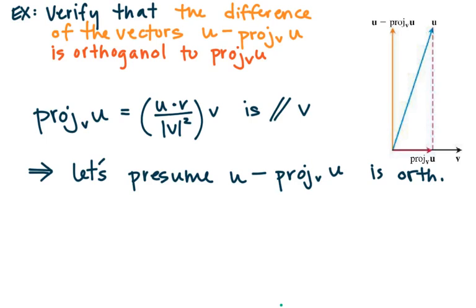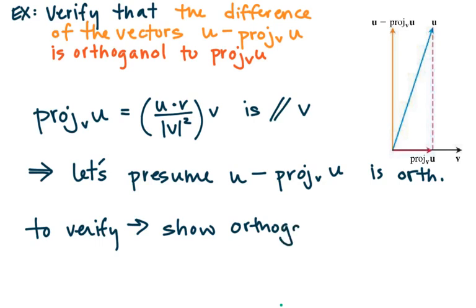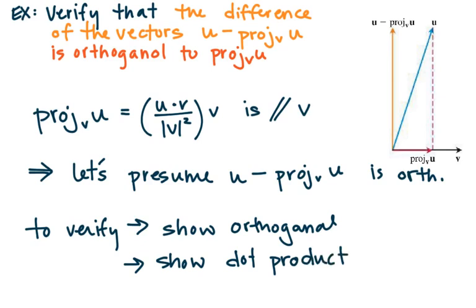So in order to do this, if we need to verify that they're orthogonal, what do we need to show? Well, we know that the dot product of orthogonal vectors equals 0.